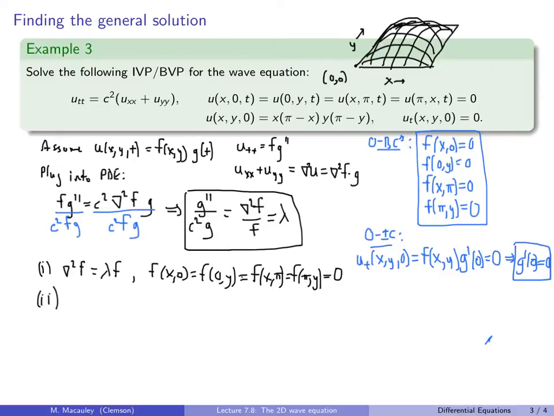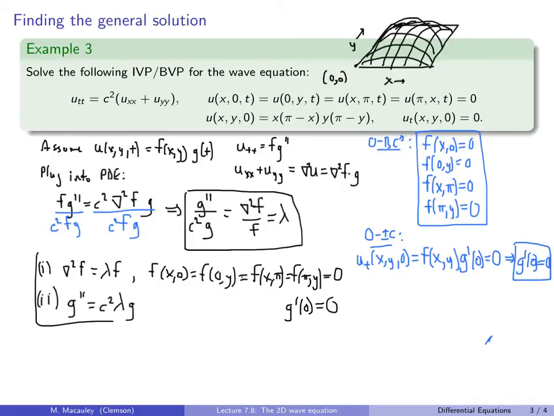So the next one is an ODE in G. So this is G double prime equals c squared lambda G, and we have an initial condition, this thing over here. I'm going to put it over here: G prime of 0 equals 0.